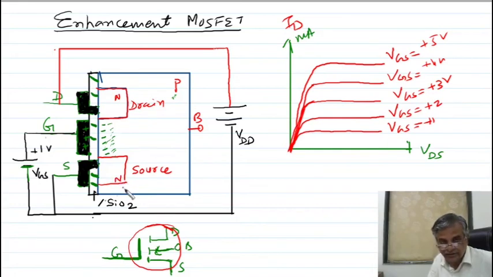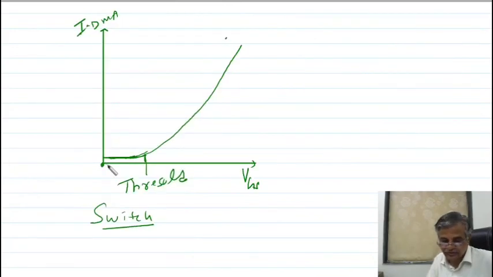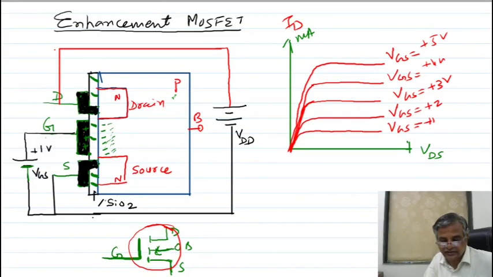That you will study in complementary CMOS ICs. Look again. When this is 0, no current will flow, as you can see here. Up to a certain positive value of VGS, a sufficient channel is developed, so current starts to flow.